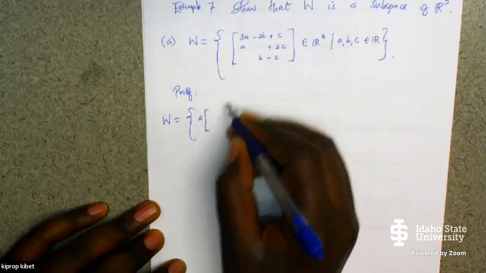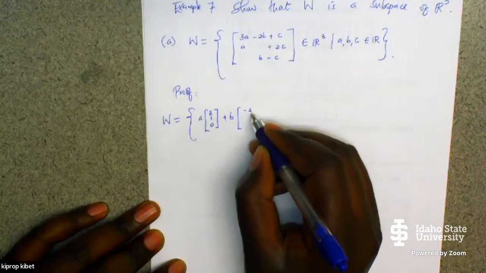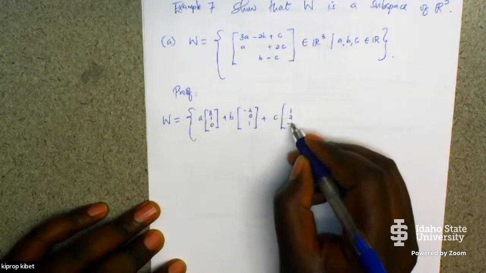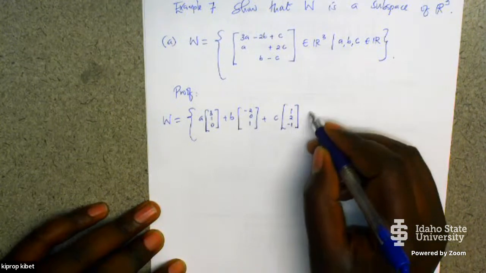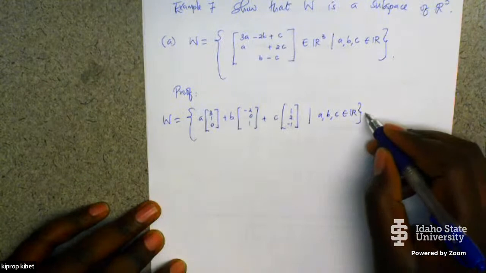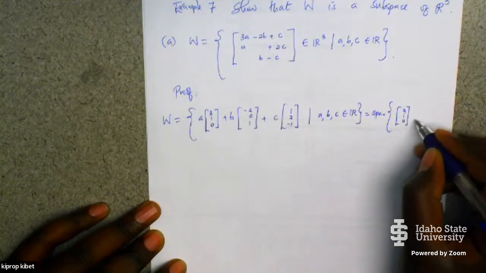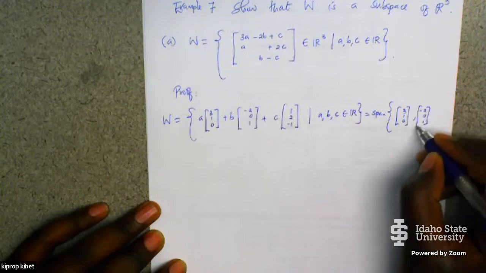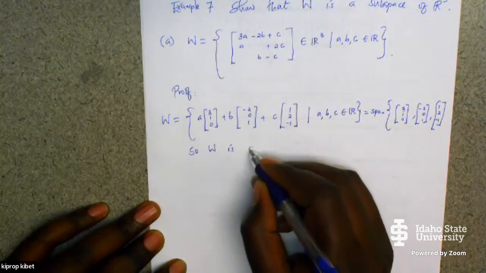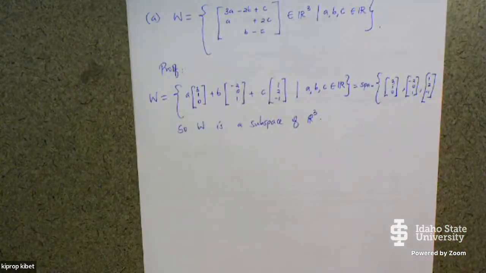So A times (3, 1, 0), plus B times (minus 2, 0, 1), plus C times (1, 2, minus 1), such that A, B, and C are elements of the real numbers. And this can be written as the span of these vectors, which is (3, 1, 0), (minus 2, 0, 1), and (1, 2, minus 1). So W is a subspace of R3.